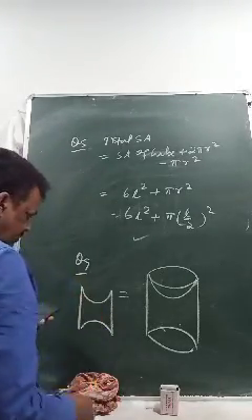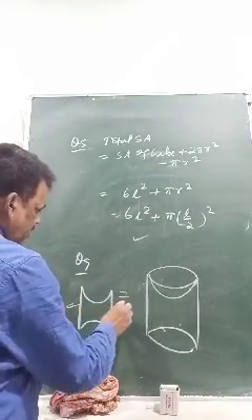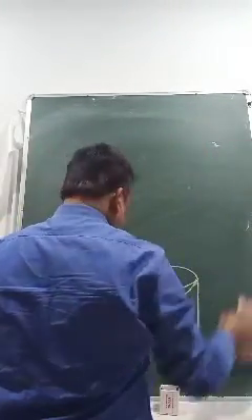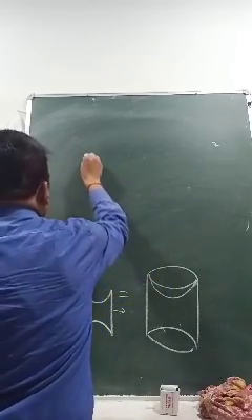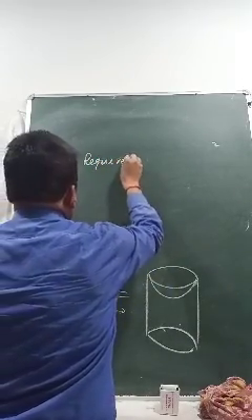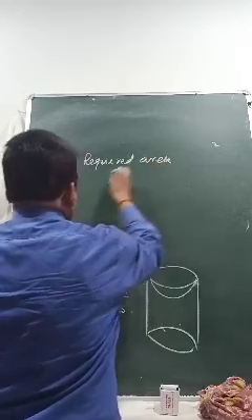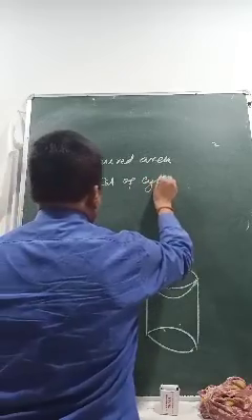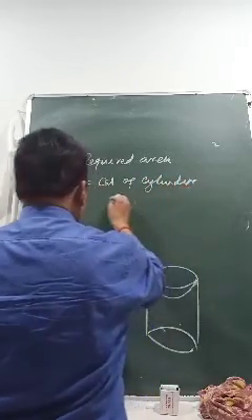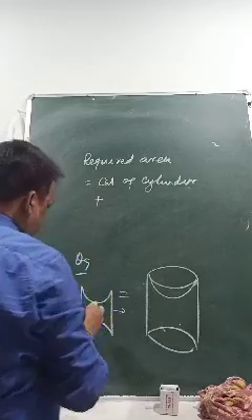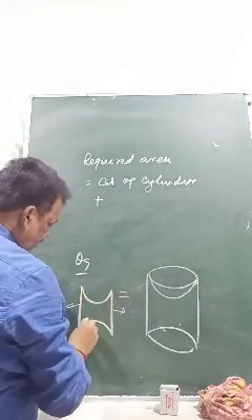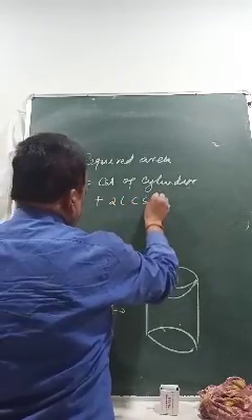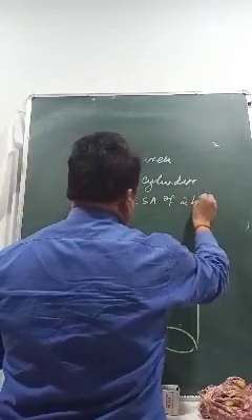So what will you get there? The outside is curved surface area. So the required area will be the curved surface area of the cylinder plus, this part and this part, 2 into the curved surface area of a hemisphere.